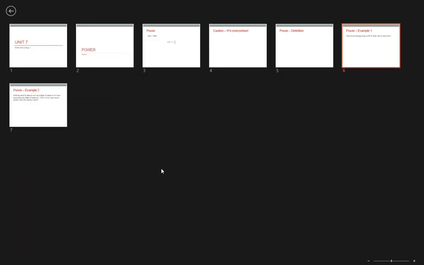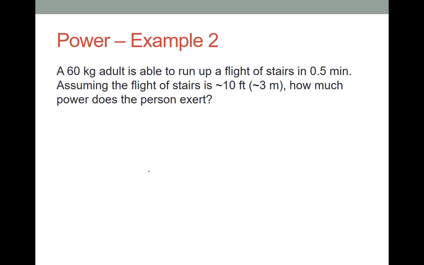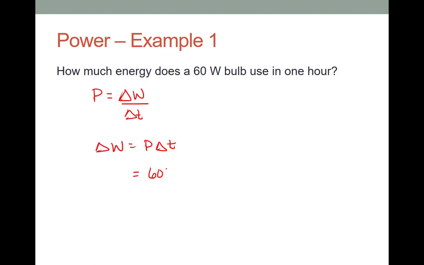We know it is a 60-watt bulb. In 1 hour, 1 hour is 3,600 seconds. And if I take 60 times 3,600, I get 216,000 joules of energy used by a 60-watt light bulb in 1 hour.